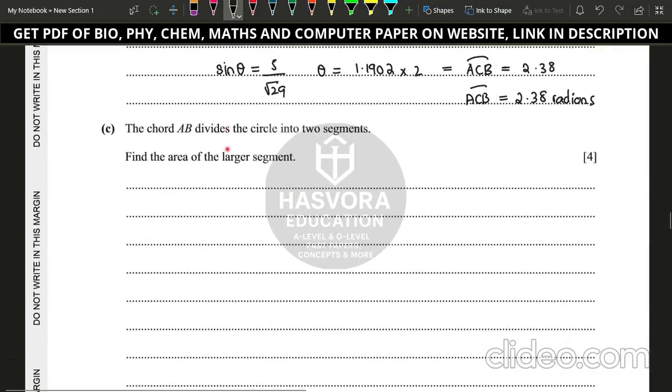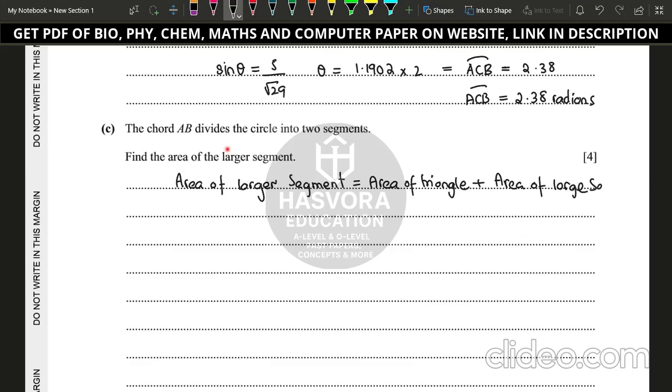So we are going to find the area of the largest segment. You can write: area of larger segment is equal to area of triangle plus area of large sector.